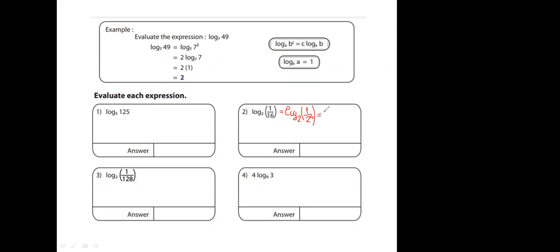Or you can write it as logarithm with base 2 of 2 to the power of minus 4. Remember this rule for exponents: when it's 1 over the exponent, when it goes up, it's just a minus sign in the exponent. Now we take the power up front, so the result will be minus 4 times 1, because logarithm base 2 of 2 is 1. So the result is minus 4.